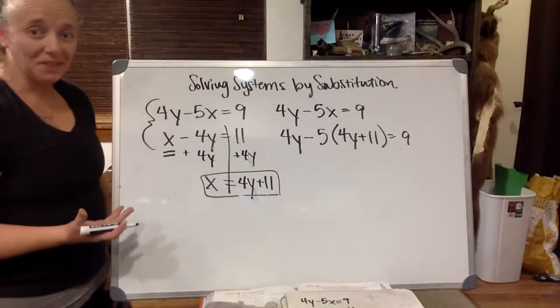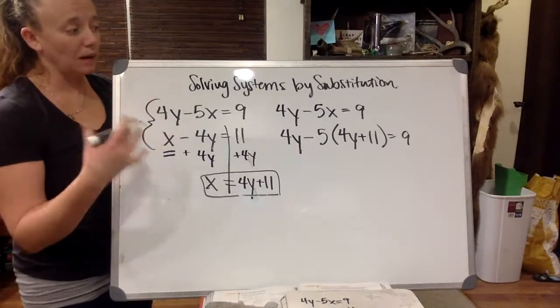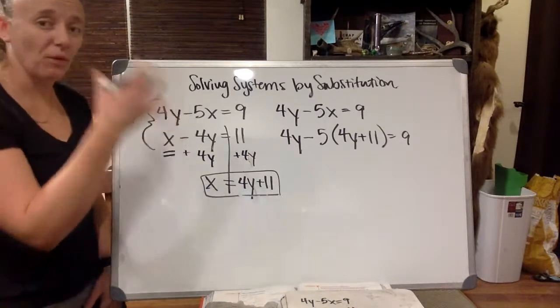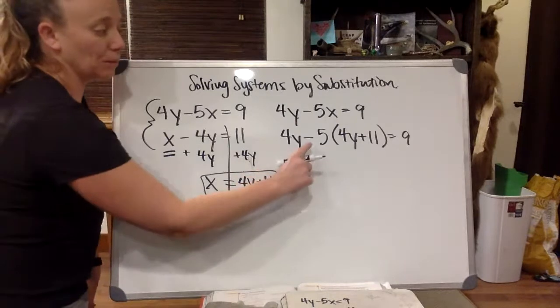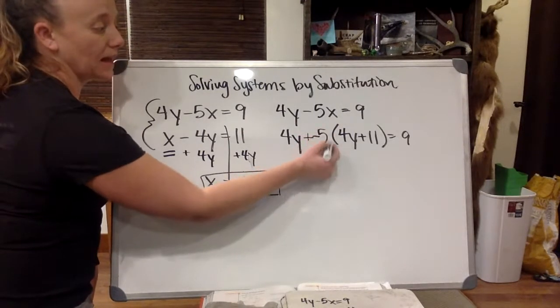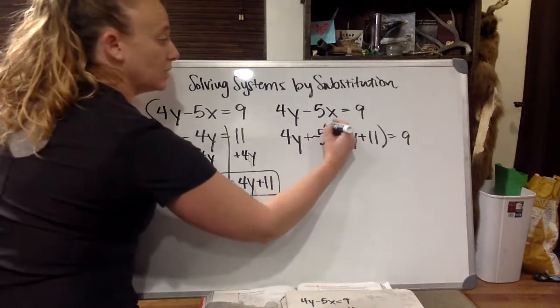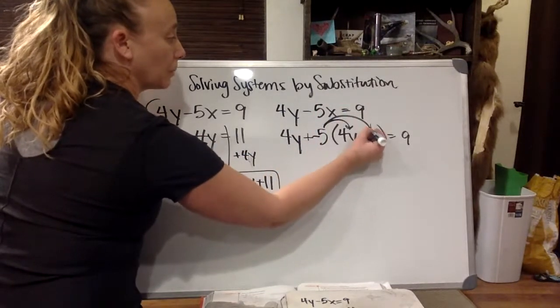And now I have to solve it. A couple of things that I'm going to pay attention to, just like when I solved equations for a single variable before in past modules, I'm going to rewrite this subtraction sign as plus and negative. That way this negative, when I distribute, gets distributed into the parentheses and I don't potentially lose it in the process.